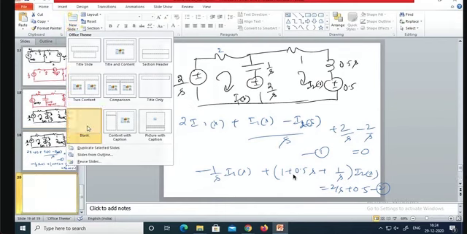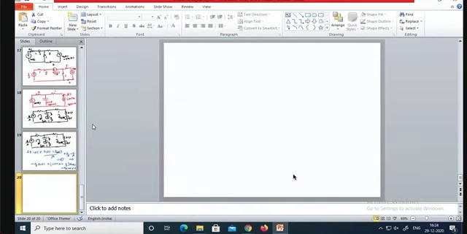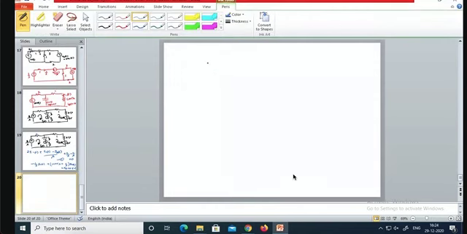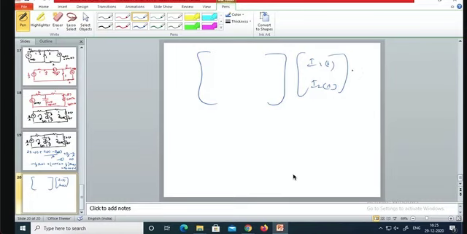Next part, you have to solve for I1 of S and I2 of S, and you will get a matrix like this. Listing of the coefficients, that's all. Coefficients here, and these are the constants here. Now, using equations 1 and 2, you can just mark the coefficients.